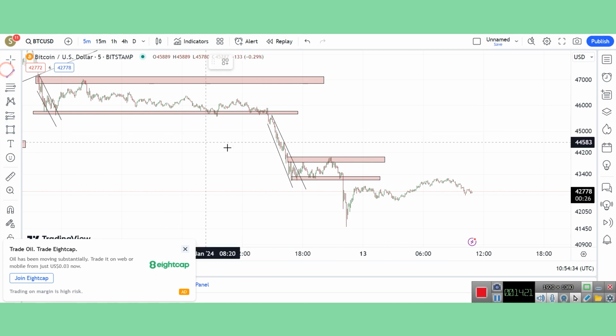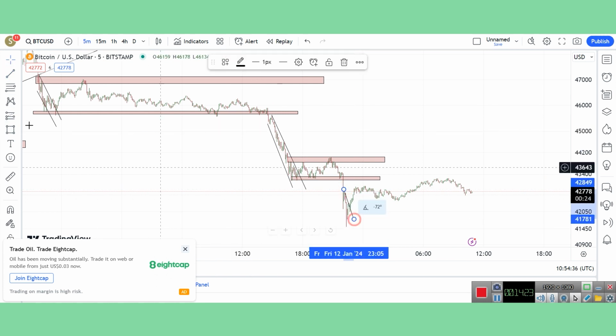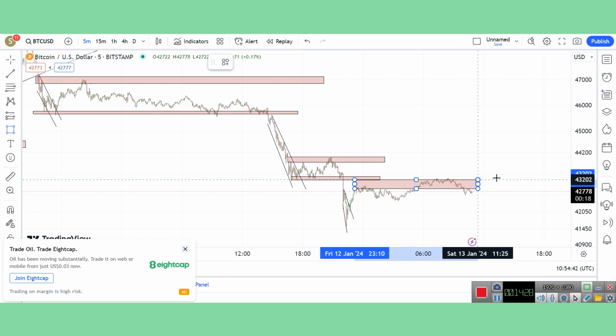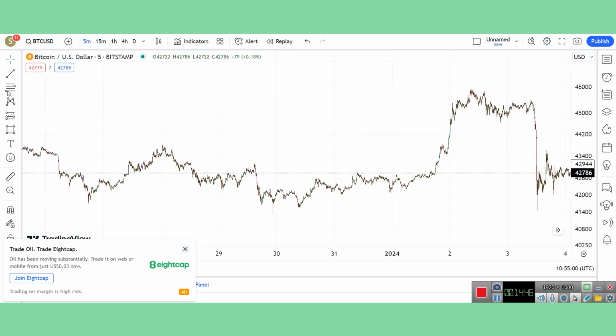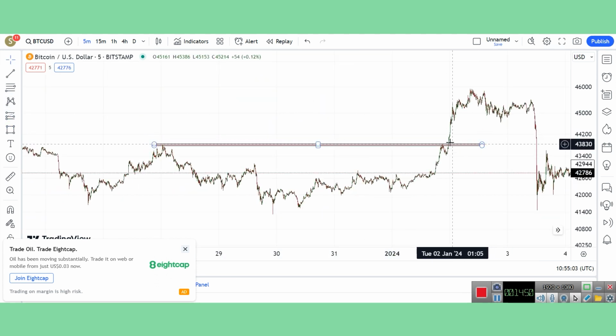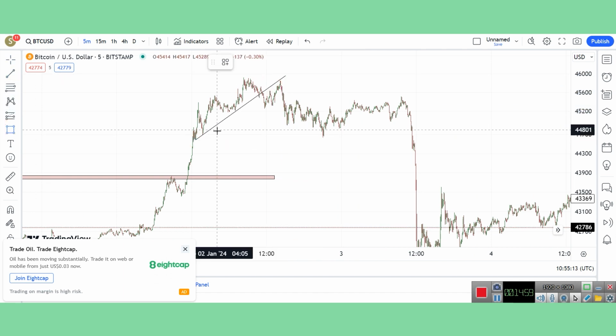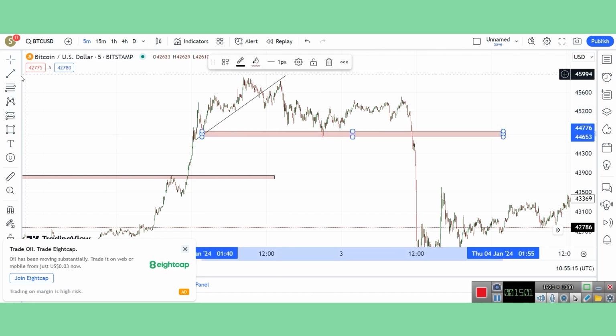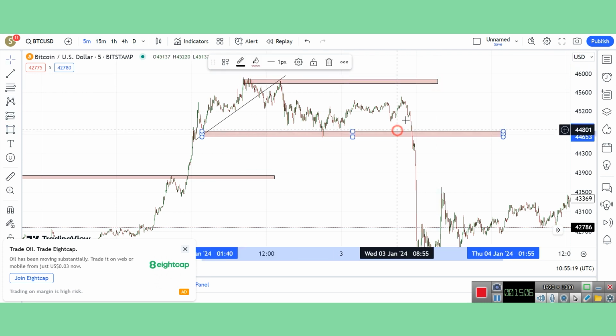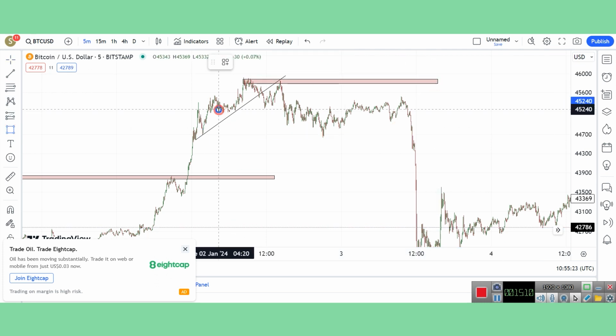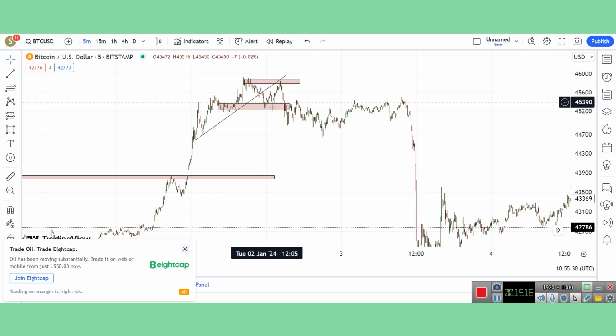Breakout, channel and trading range. We have a breakout of this zone here, channel and trading range, or better to say it was a trading range. So spike, channel, trading range.